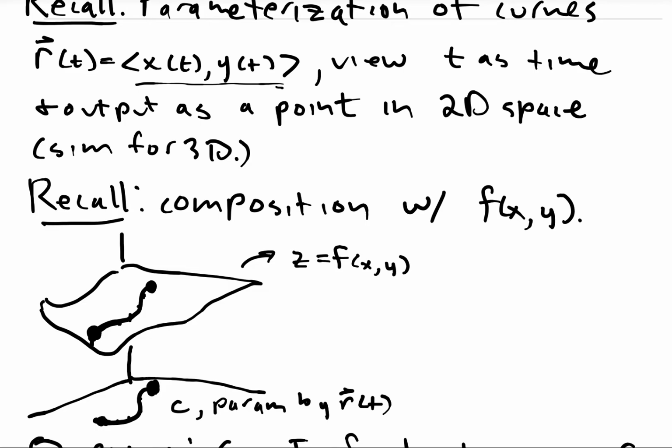We end up getting a three-dimensional curve back, instead of a 2D one, but it's still got a 2D parameterization.